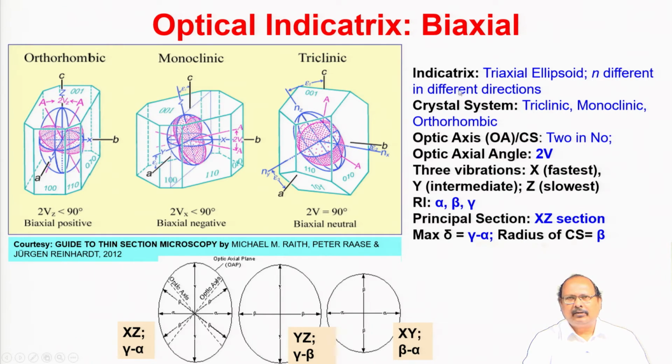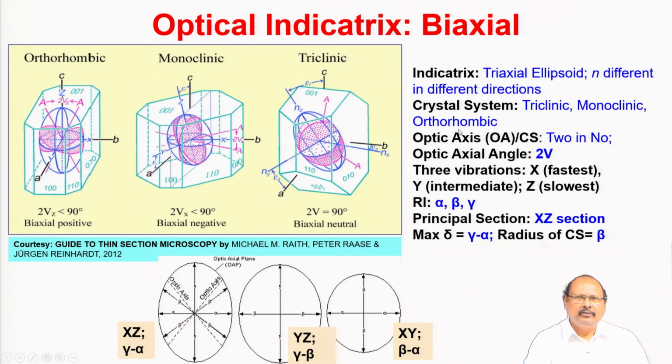Now, the indicatrix shape here is a triaxial ellipsoid, and the refractive index n is different in different directions. The minerals belonging to triclinic, monoclinic and orthorhombic crystal systems come under the biaxial mineral group.